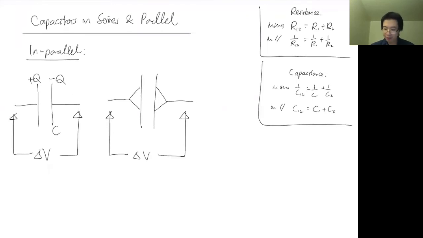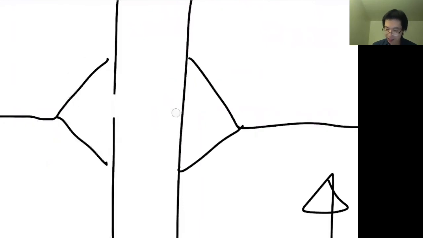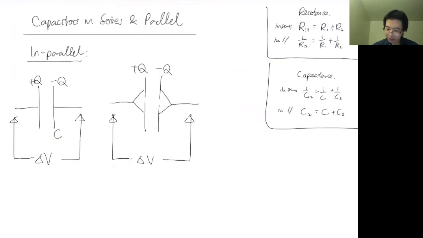It's the same thing, right? There's plus Q, minus Q, like that. Now I take a pair of scissors and cut in the middle like this. So now I've suddenly made two capacitors out of one capacitor. Let me redraw this, and it will look exactly like a parallel configuration, right?